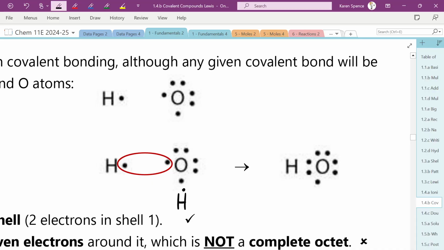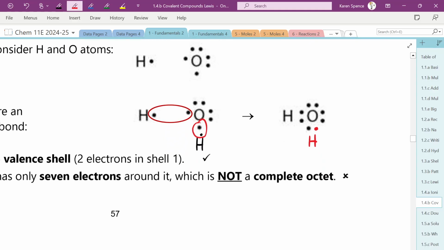So we need another hydrogen here. We're going to share that. Okay, and that's why water has to be H2O and not just HO. Okay, so there we are. And you could redraw this, of course, as H with a single bond, O, H. Okay, so that would be the other way of drawing it.